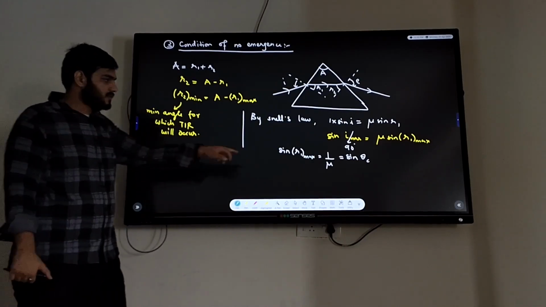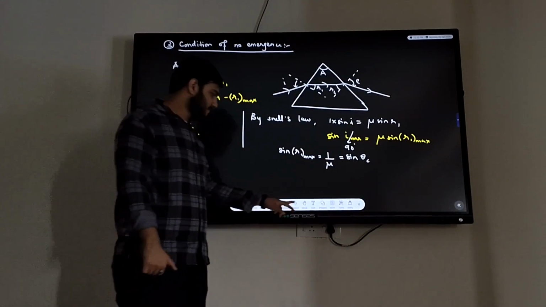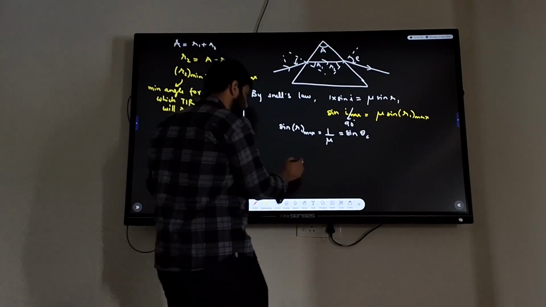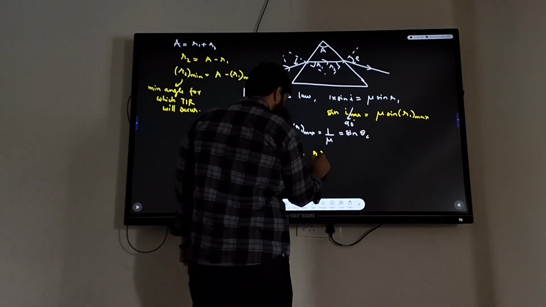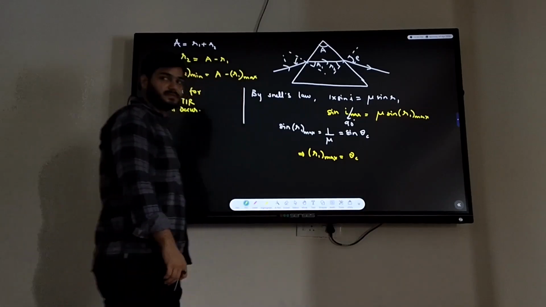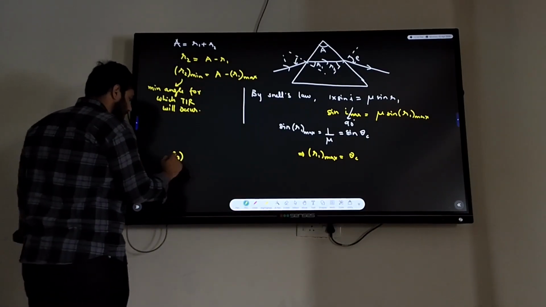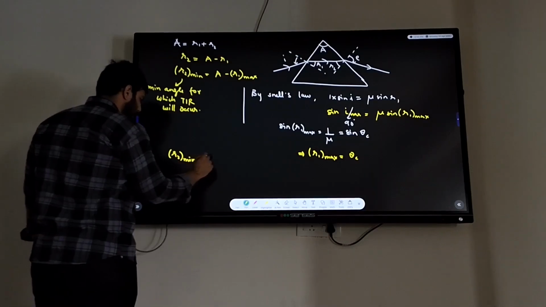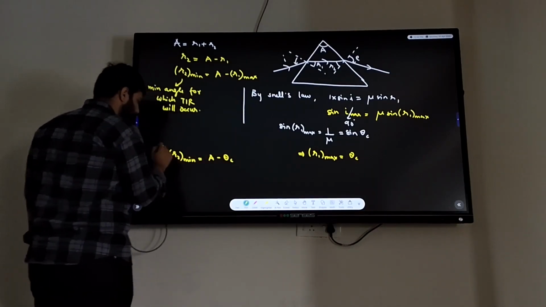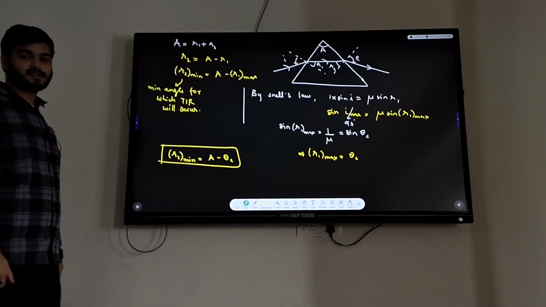Then R1 max is equal to theta c. If R1 max is theta c, then R2 min is A minus theta c.